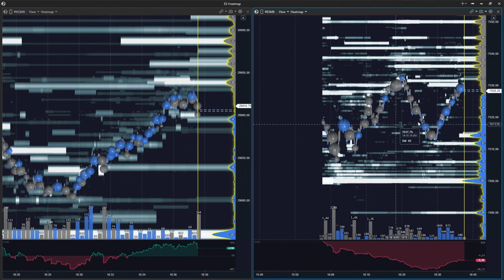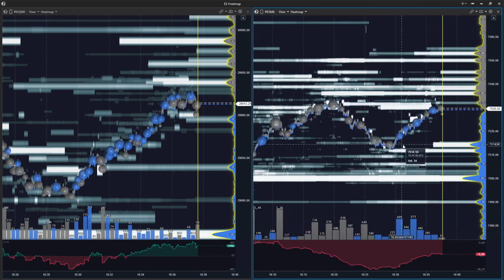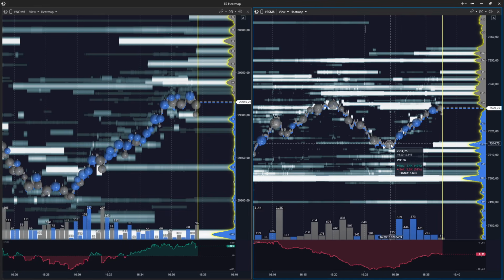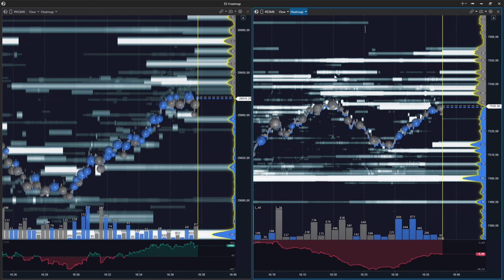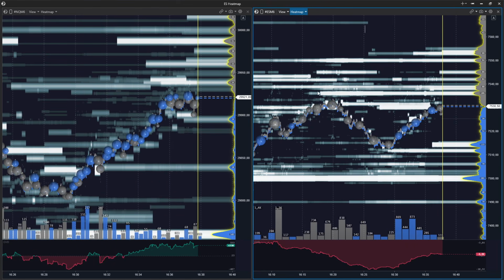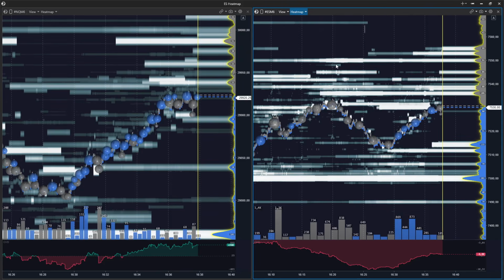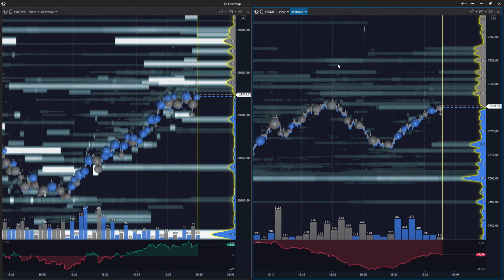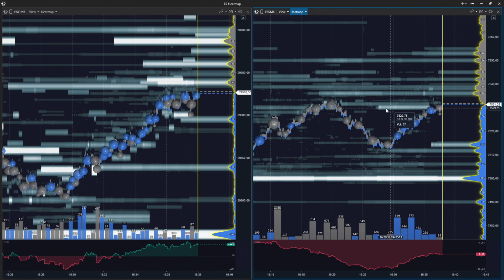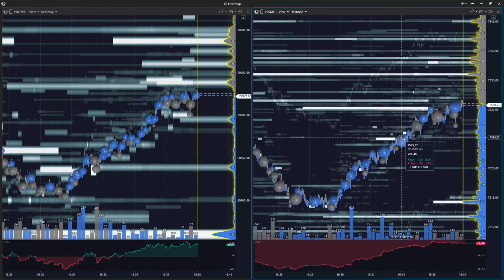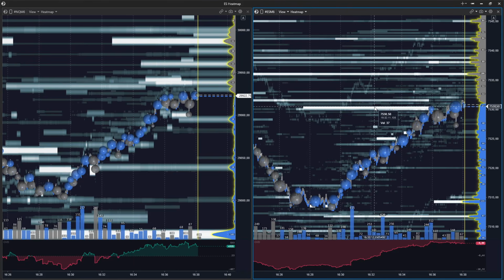So spoofing, for those who don't know, is when the market, for example, is down here at the low, and then the market maker or whatever is putting in some liquidity at the top. For example, here, let's say this is a spoofing order. The market is down here. The spoofing order, for example, has 1,000 contracts.